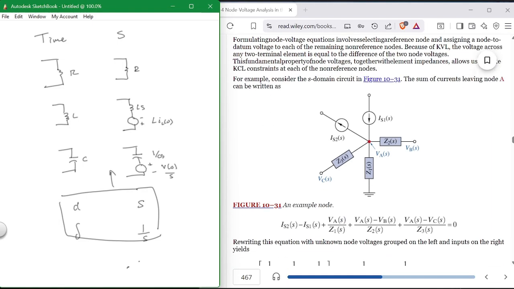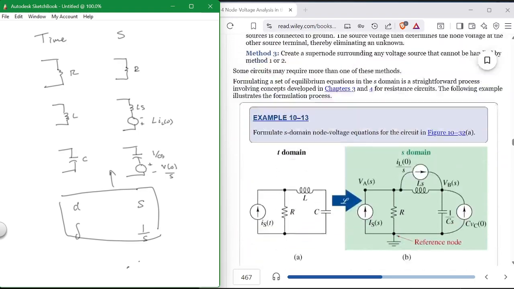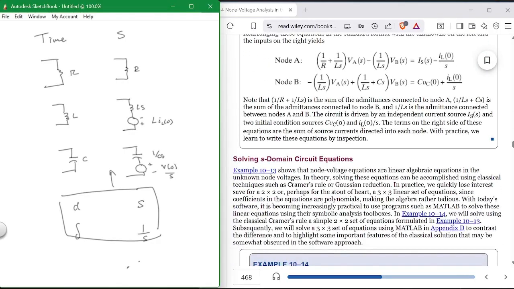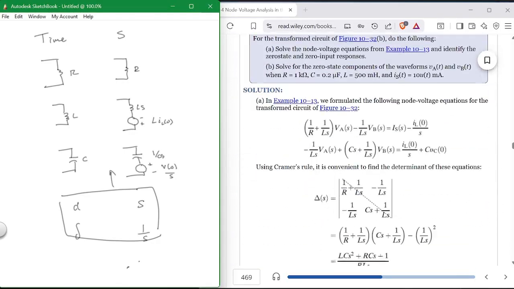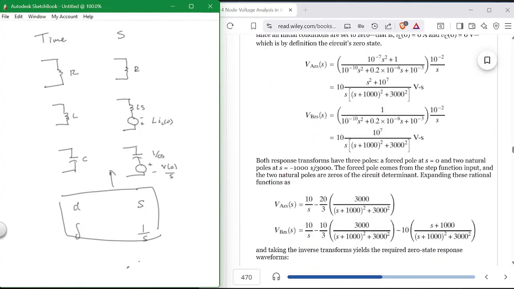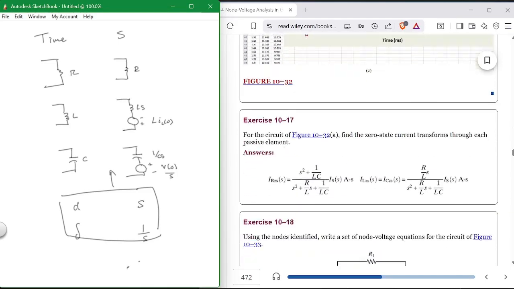Node analysis. Here's node analysis. And what else do they have? Mesh should be right next. Why is mesh analysis superior to nodal analysis?